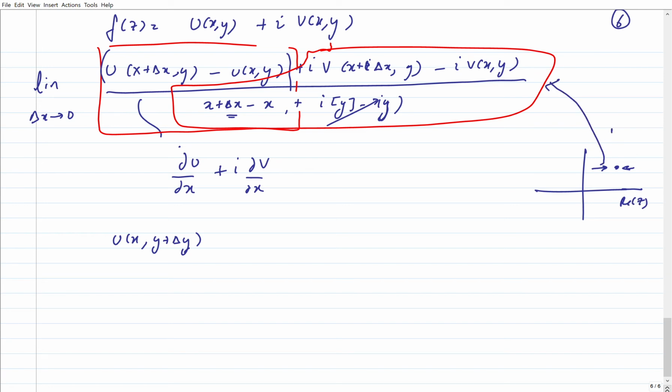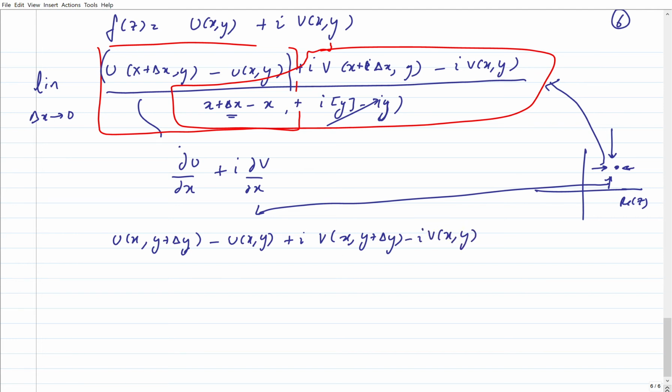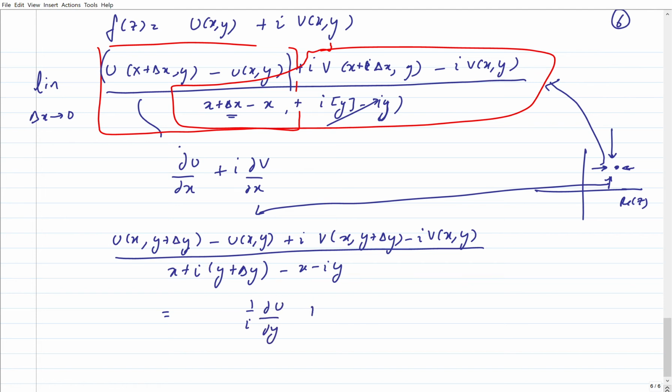I can also approach it through the imaginary part, where I evaluate the limit, and that gives me 1 over iota delta u by delta y plus delta v by delta y, because I also have this iota in the denominator.